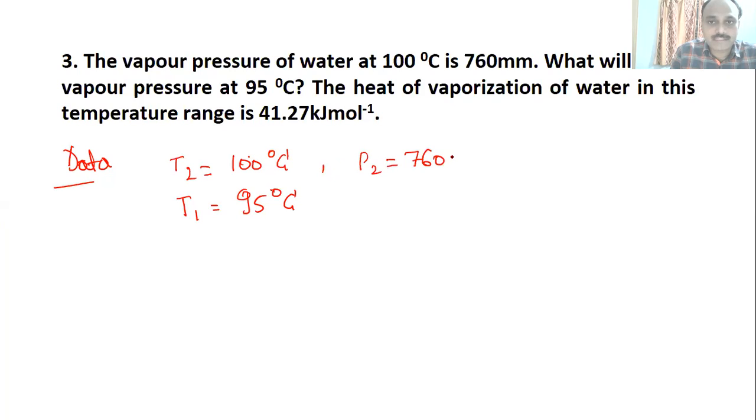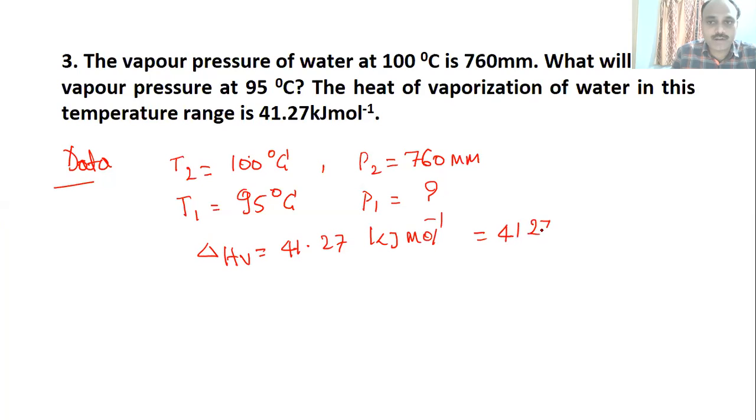And the vapor pressure at 95 degrees Celsius will be P1, which we don't know. So the heat of evaporation of water, delta HV, is equal to 41.27 kilojoules per mole, or 41,270 joules per mole. Very simple.